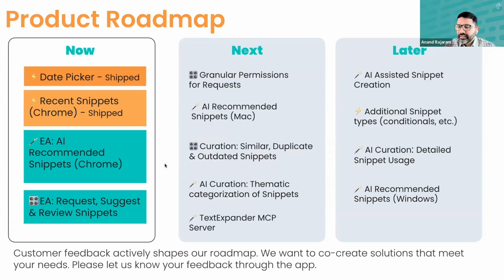bit further out in the timeline and horizon, but these are things we've heard some signals on. We are actively working with our customers to understand these better and shape these better. So snippet creation using AI.